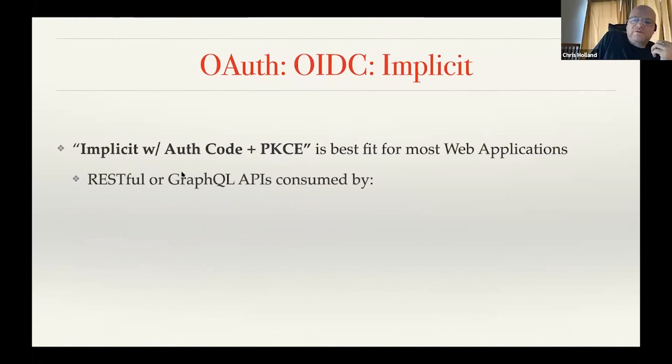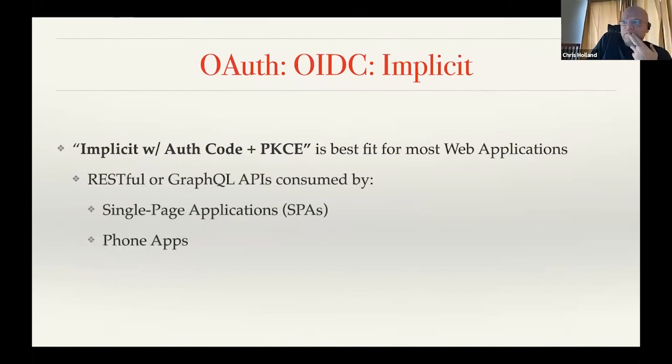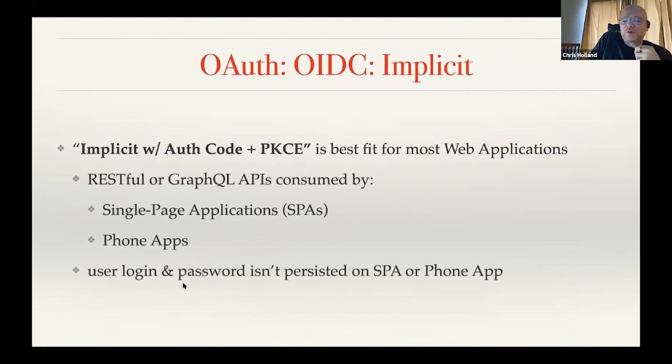For example, you have a RESTful API, or a GraphQL API that is consumed by a single page application or phone applications. And the point is, you don't want the user login or password to be persisted on this single page application. You don't want it to be persisted on the phone application either.